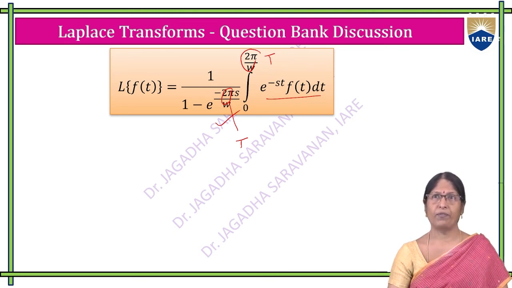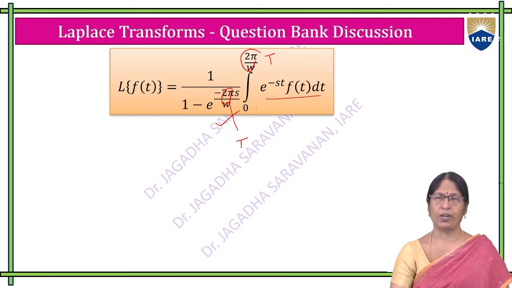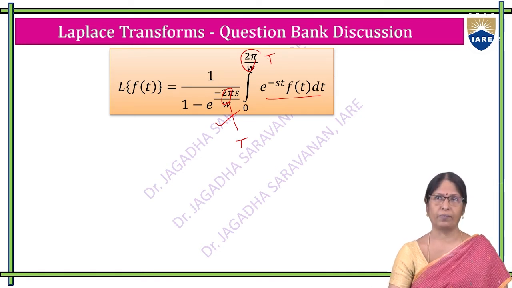In the question we have seen 0 to 2 pi by omega, so T is replaced. So we know the Laplace transform formula, that is the integral from 0 to infinity of e power minus st f of t dt. Whereas for the Laplace transform of a periodic function, in the place of infinity, the capital T will be there. We have to do a comparison study among the formulas.